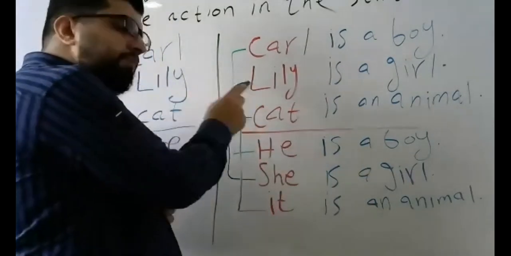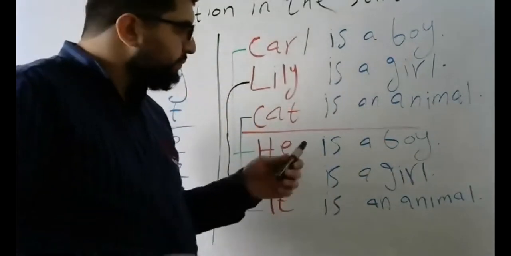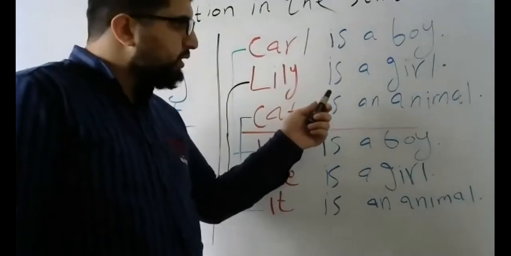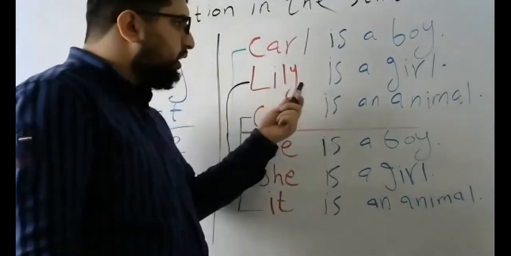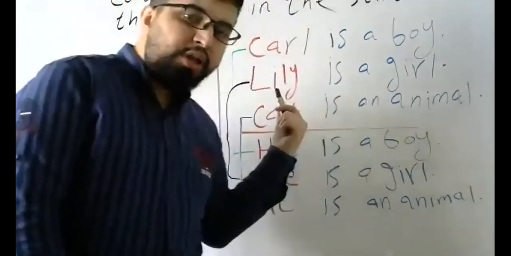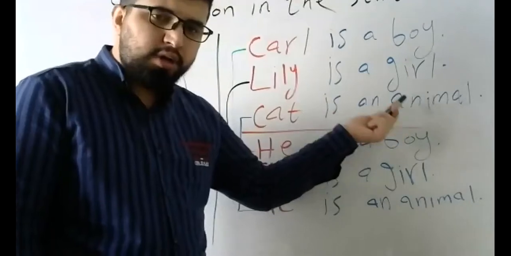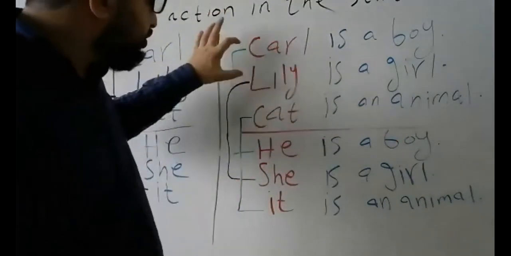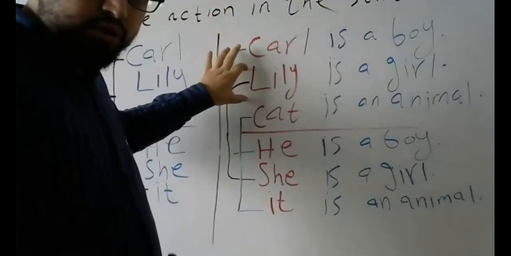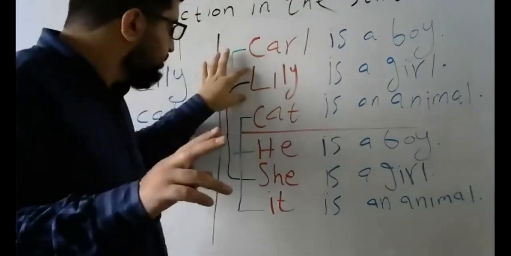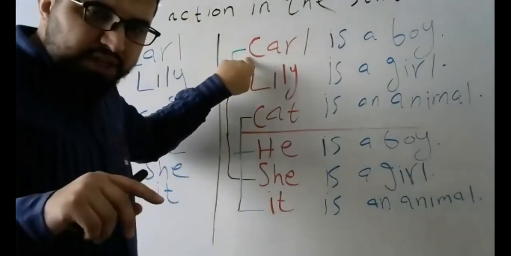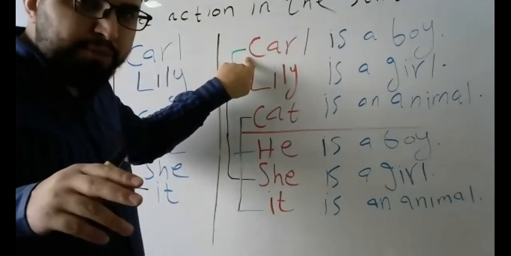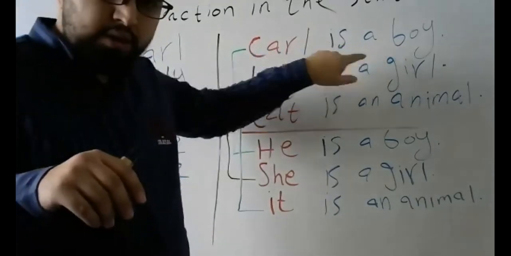Lily, the same name. Lily is a girl. Lily is an engineer. Lily is a doctor, okay? You can change, look, you can change these names to whatever you want. You can, for example, instead of saying Carl, we can say Mansour is a boy.